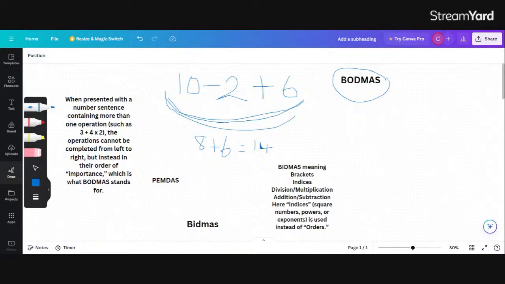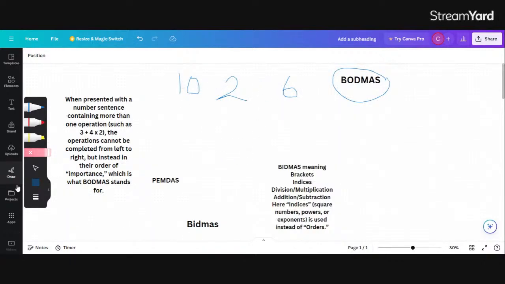Okay. So what about a situation where we have, let me go clean this part. What about a situation where we have plus here and minus here? Remember, the law says that addition comes first before subtraction.